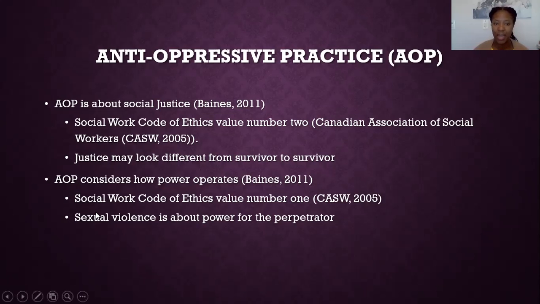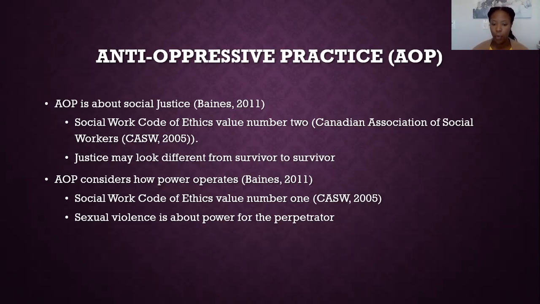So AOP considers how power operates. And we just spoke about power and control. And so because we now know that sexual assault is a crime that perpetuates power and control for the perpetrator, and it removes that from the survivor, then we can understand that AOP is focused on how power operates.